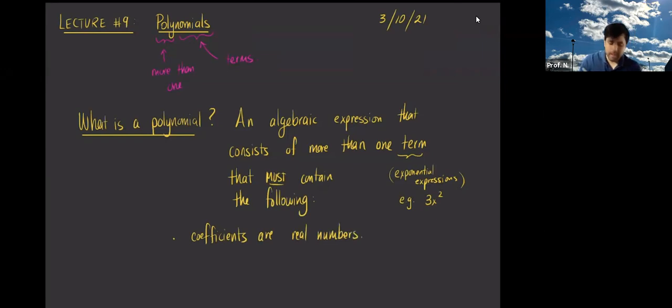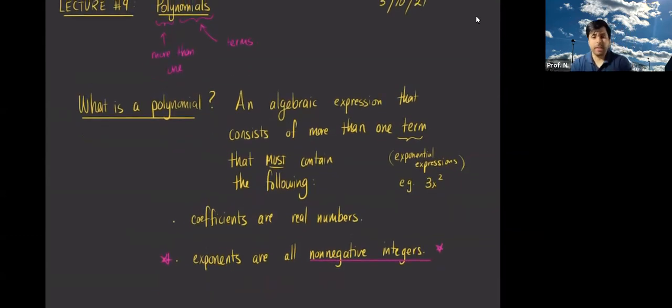But probably more important than that is that the exponents are all non-negative integers. This is extremely important. The exponents for a polynomial must all be non-negative integers.